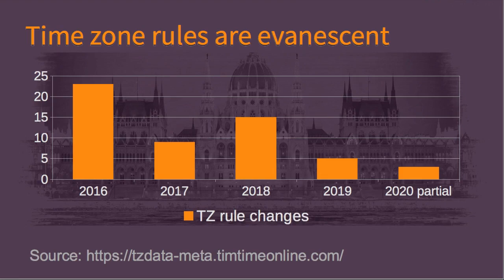And this is a plot of how many changes to time zone rules have happened in each of the last 4 years as measured by this website. And the answer is every year something changes. And looking through the lists of changes is interesting. I'm not going to take the time to go through them now, but I encourage you to check it out. People keep on changing their mind about what time they want to be in.